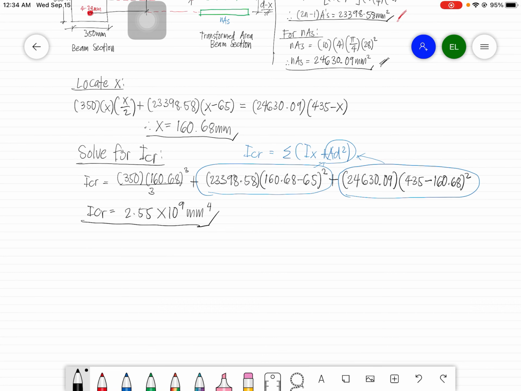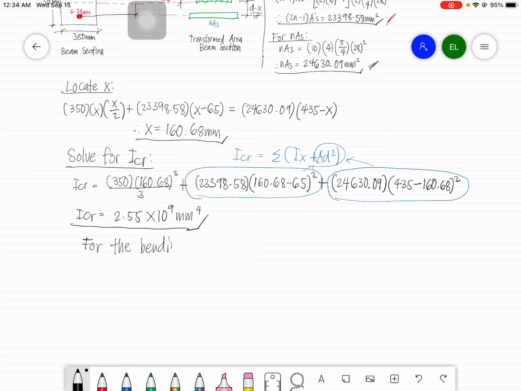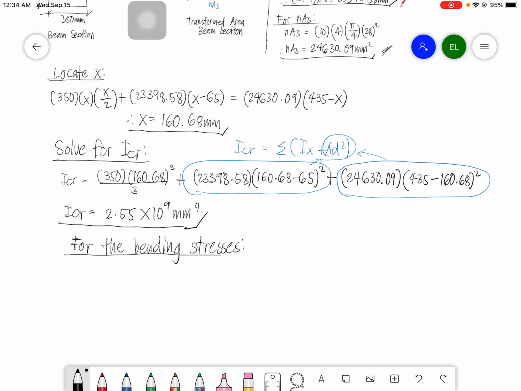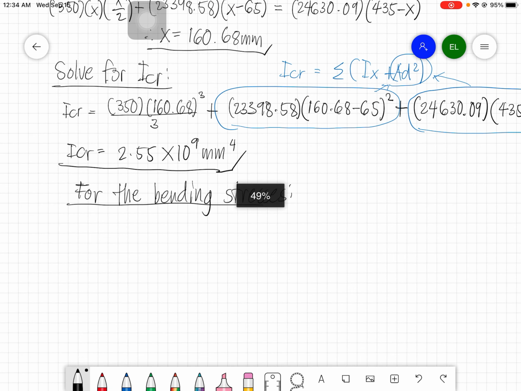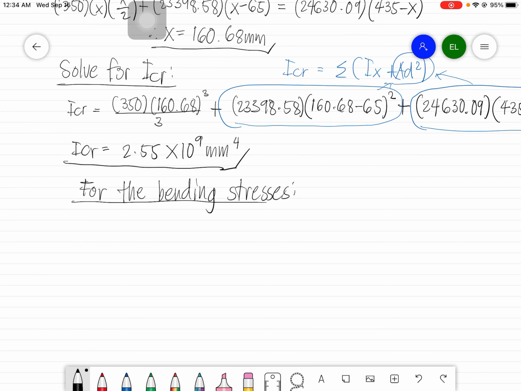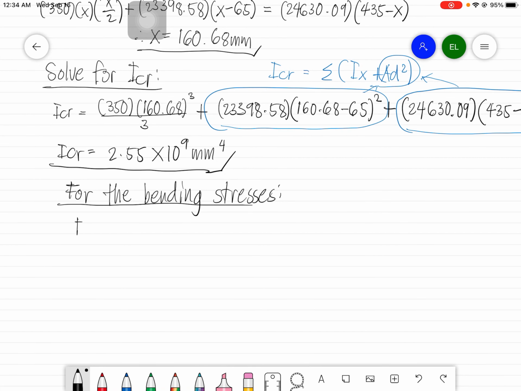So for FC, this is for the concrete. Again, we have the same formula, which is FC is equal to My over ICR.